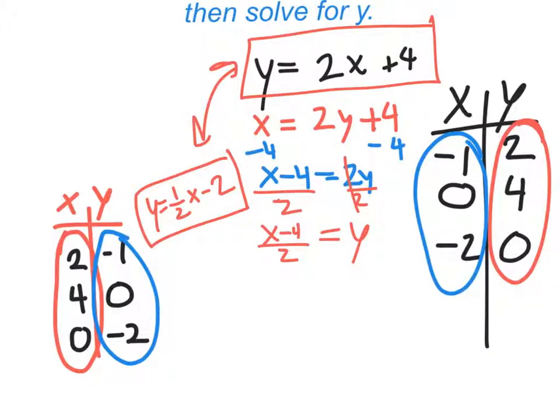The reason why I'm doing this is so you could understand that even if you didn't have an equation like y equals 2x plus 4, where you found the inverse by switching x and y and solving for y, even if you didn't have an algebraic equation, even if you just had coordinates, and I asked you to find the inverse of those coordinates, all you have to do is switch the x and y values and you have your inverse coordinates.